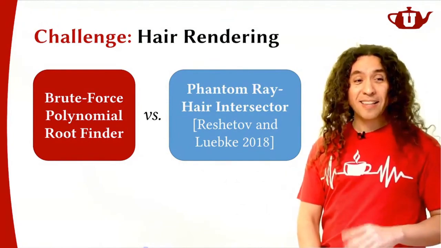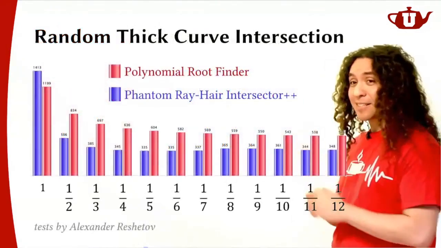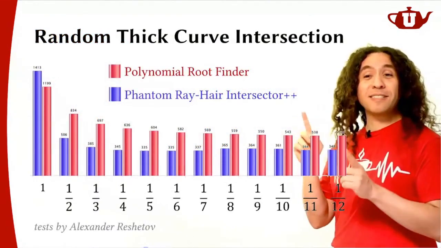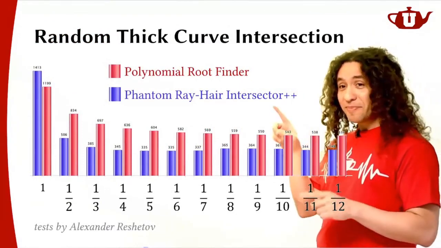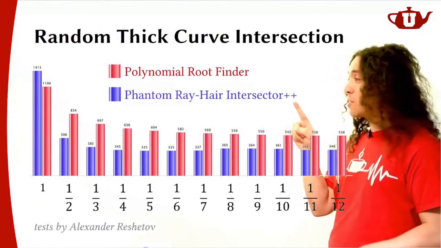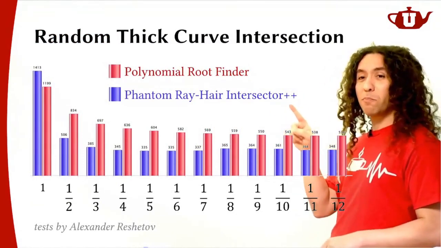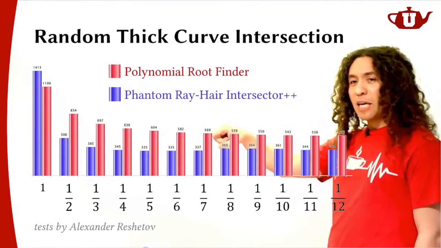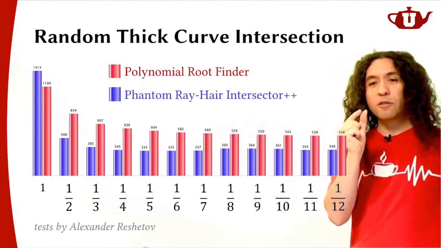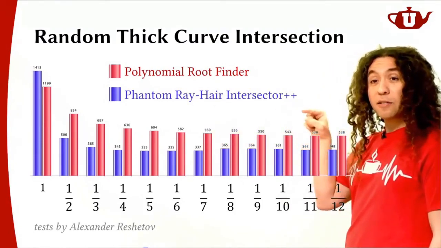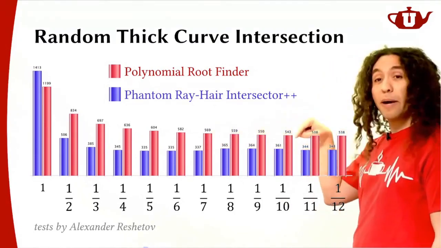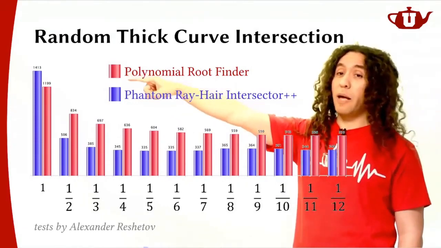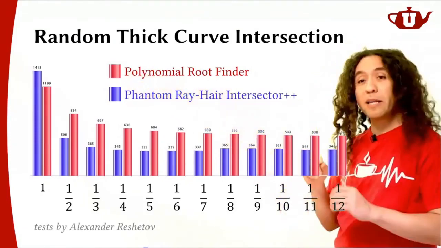Actually, I got to thank Alex Rashido here. He ran these, comparing my implementation with his more optimized implementation in C++, and got these results. As you can see, if you keep splitting these curves and get shorter and shorter curves, the Phantom Ray Hair Intersector comparatively does a little bit better. With the original curves, maybe the polynomial root finder might be a little bit better.